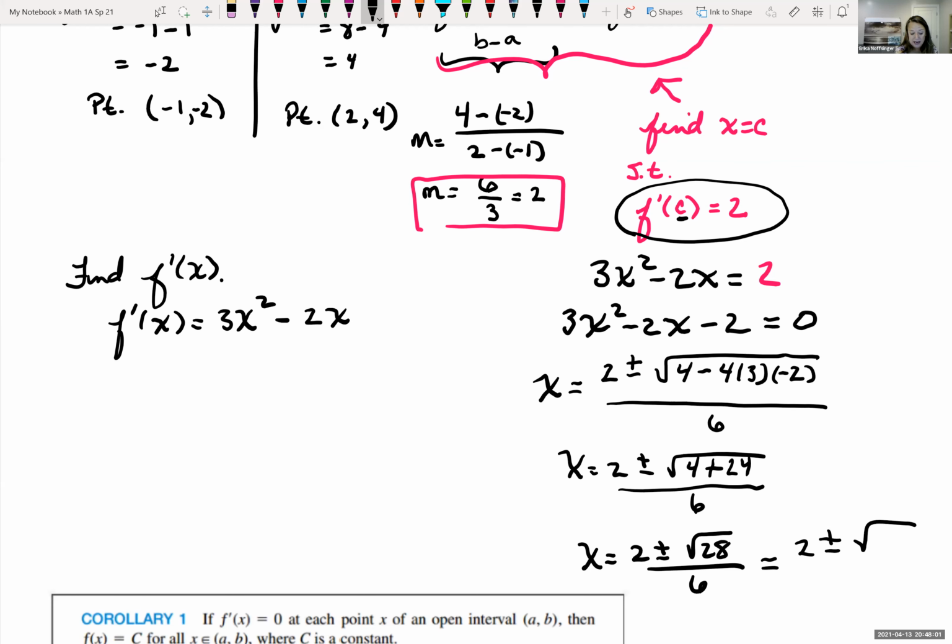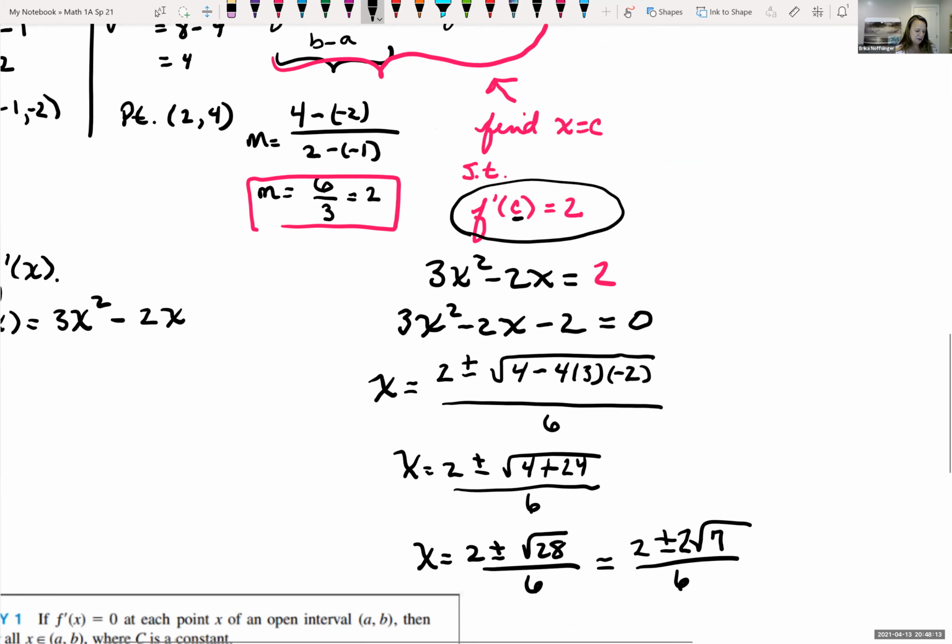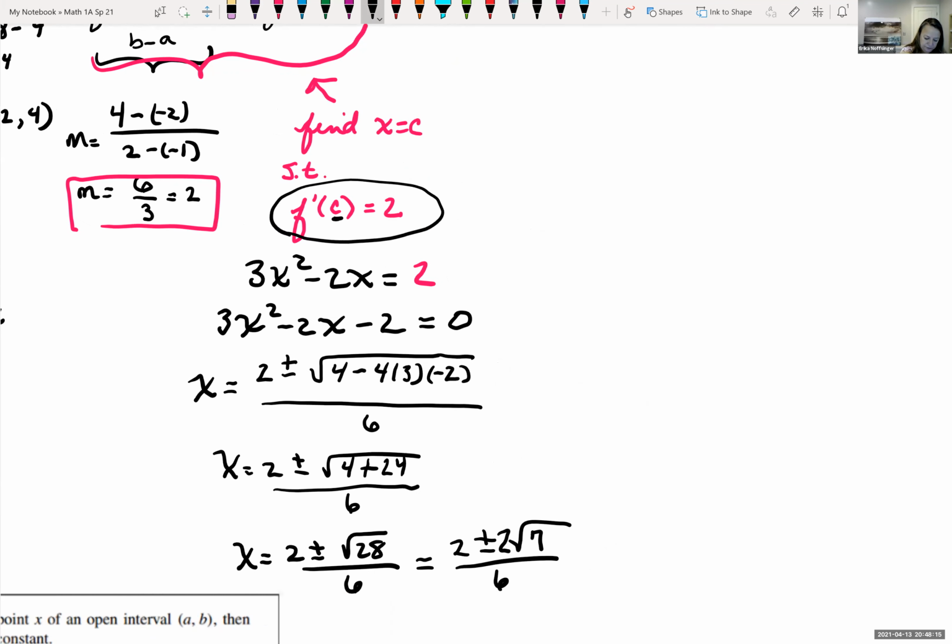So the square root of 28 is the square root of 4 times 7. We can pull out the square root of 4, which is 2. So 2 root 7 all over 6. Think of it as factoring out a 2 and then canceling it with a factor of 2 in the denominator.